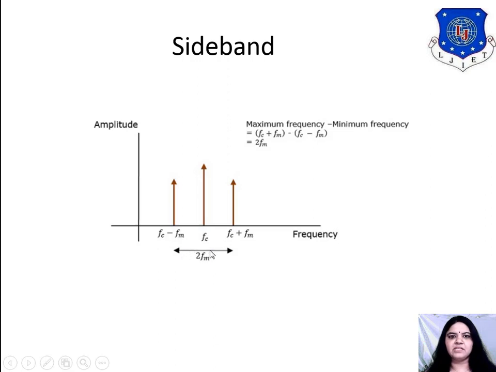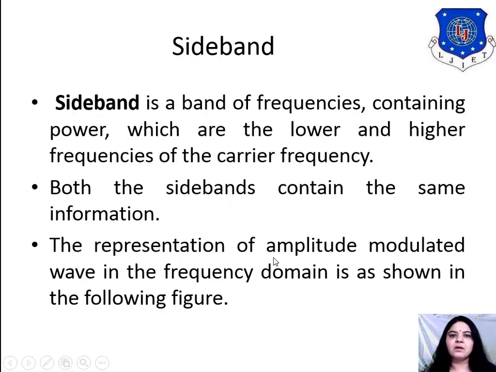So, the bandwidth required for the modulation is twice fm. We can calculate it by using maximum frequency minus minimum frequency, that is equal to fc plus fm minus fc minus fm. This is equal to twice fm.